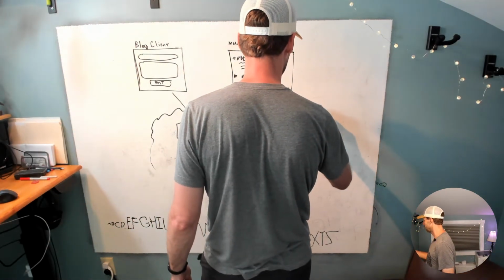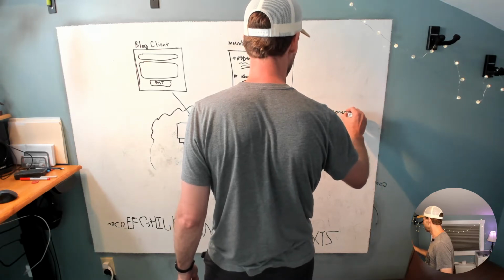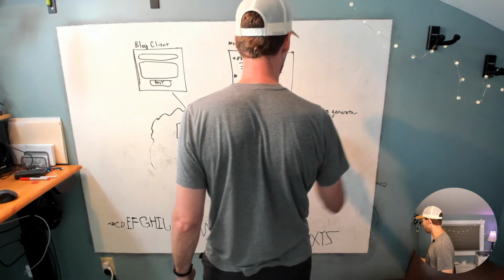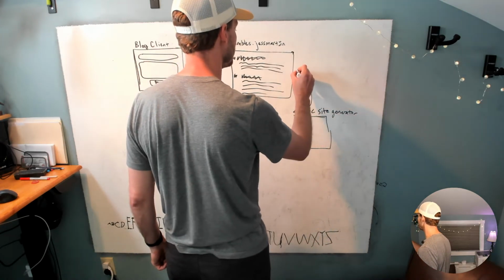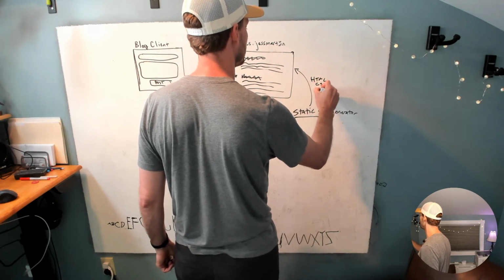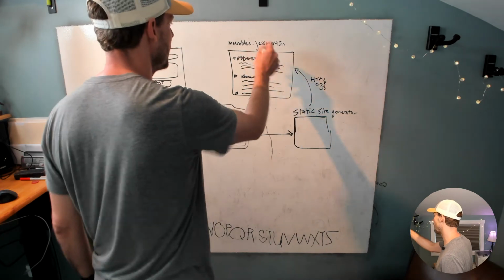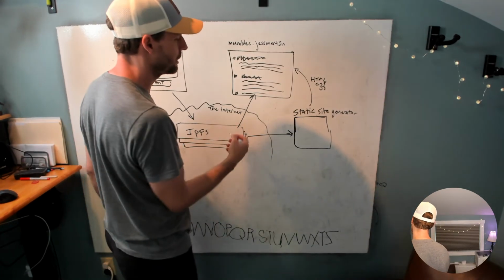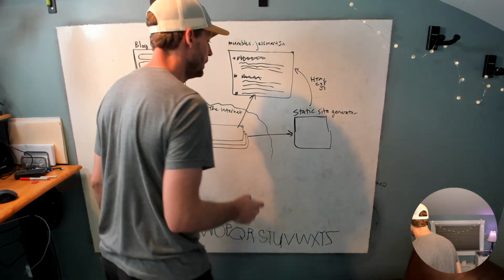A static site generator that knows how to read from here and writes HTML, CSS, JavaScript here. And then this live website does not ever read from the IPFS, because I'm pretty sure reads from IPFS are going to be super slow.